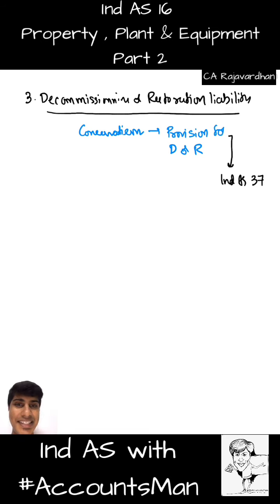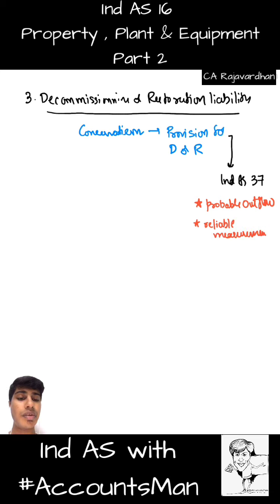We'll discuss in detail when to recognize a provision in Ind AS 37, but I'll just give you a little here. First, there should be a probable outflow. And the second important condition is there should be a reliable measurement. If both of these conditions are satisfied, then we recognize that provision.